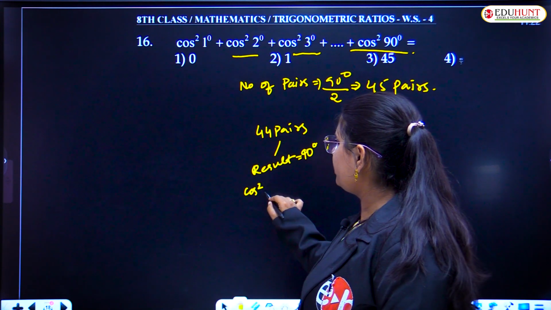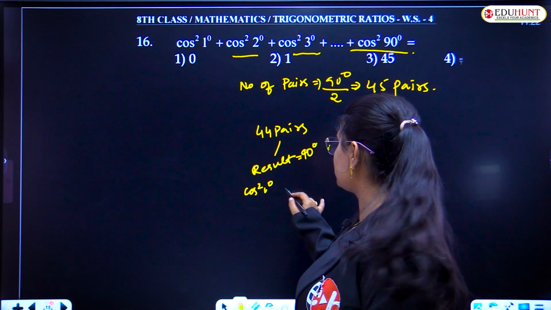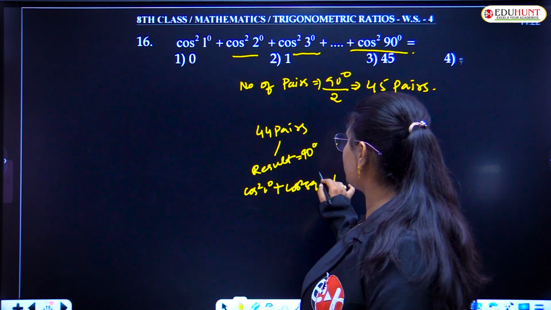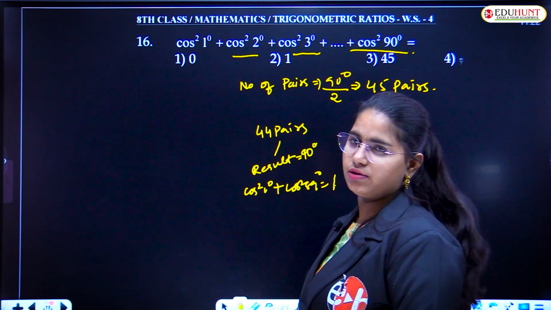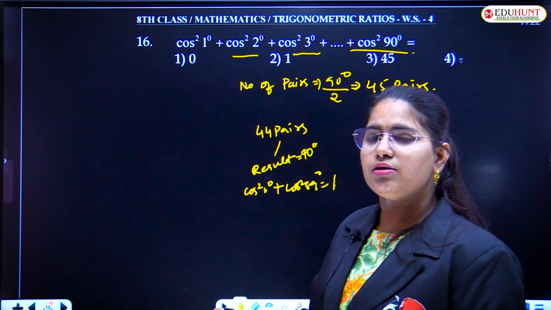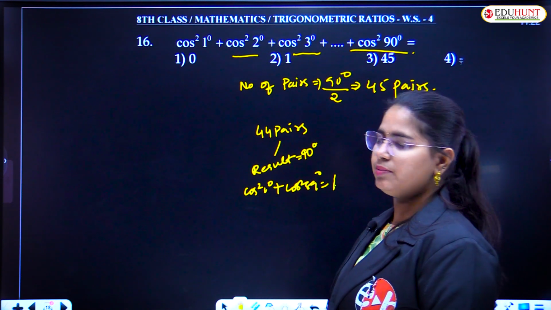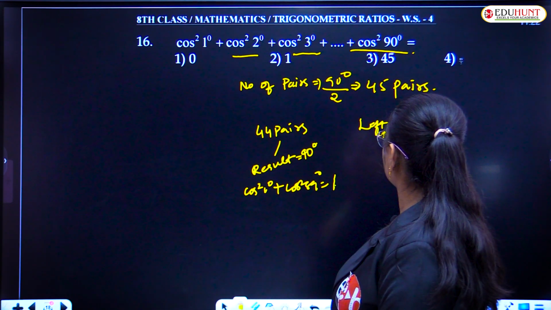How? Cos square 1 degree. What are such type of pairs that I am explaining here? Cos square 1 plus cos square 89 is equal to 1. Like these type of pairs you will get how many? 44. What is the leftover pair?